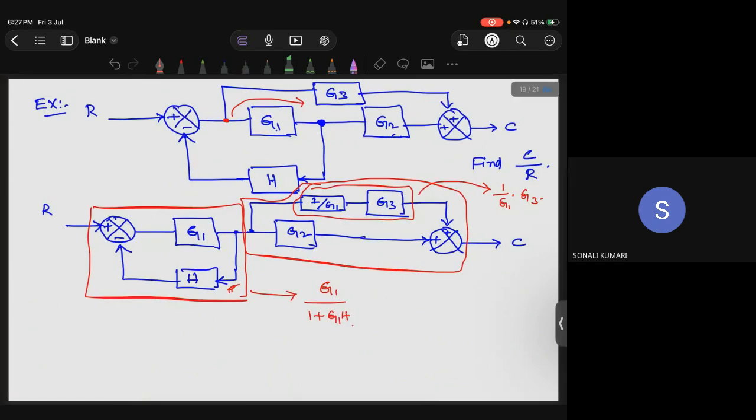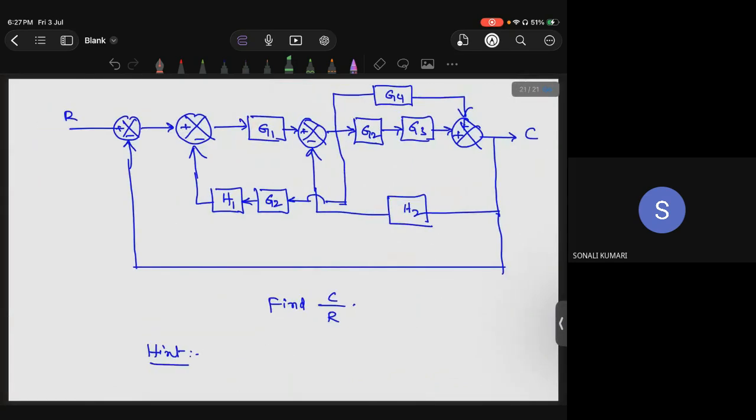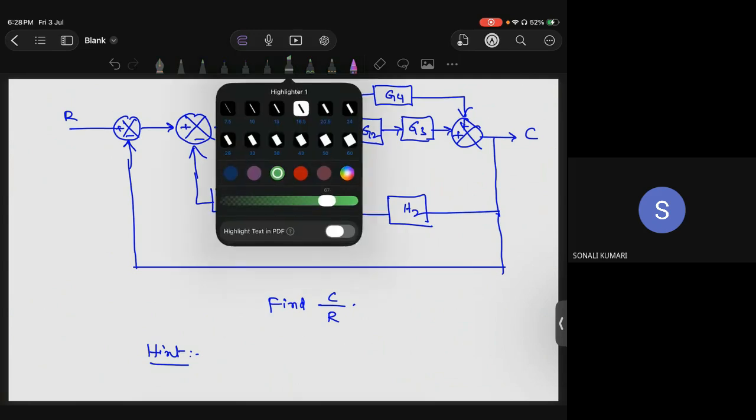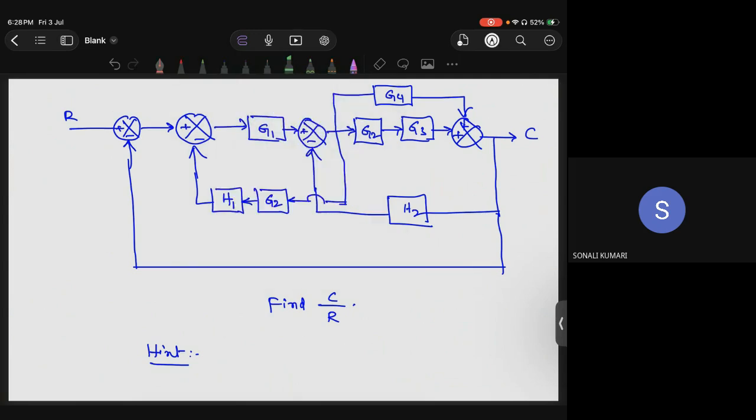Now, given the problem, check whether you can apply those techniques directly or not. If you cannot, see which branch is creating the problem, then try to do the shifting there. For example, in this case, where do I start?